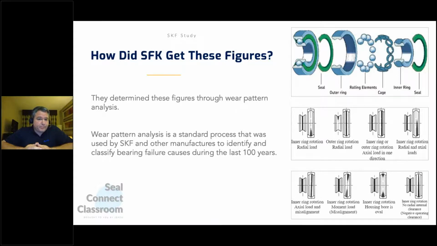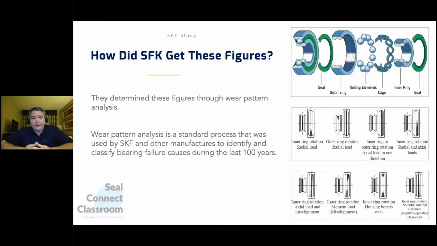They, along with other bearing manufacturers and reliability guys along the way, have determined that you can look at a failed part, and from wear pattern analysis, you can see whether the failure was caused by misalignment, an overload or underload, erosion, corrosion, fatigue. So over the last 100 years, they've compiled a lot of data looking at real parts.